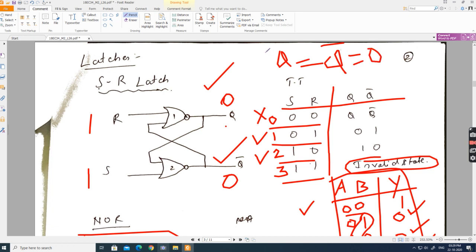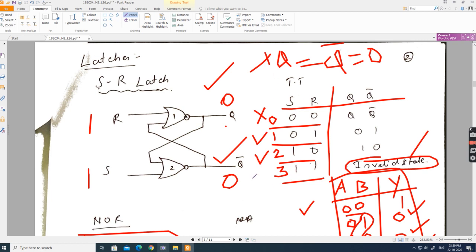This condition is an absolute failure because Q and Q bar should be opposite to each other. Understanding? So that condition fails. That's why I call this an invalid state. Another name for this is forbidden state.